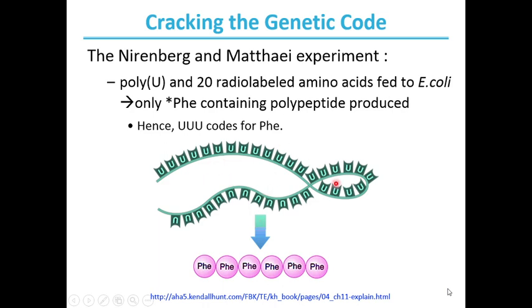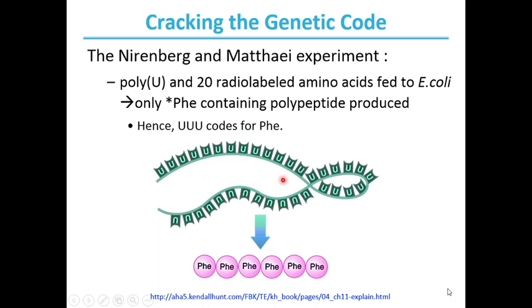Now, because poly-U mRNA is made up of many successive uridylates, as you can see, the UUU triplet should promote the synthesis of a polypeptide containing only the amino acid encoded by the UUU codon. A radioactive polypeptide was indeed formed in one of those 20 tubes. So the experiment was indeed a success.